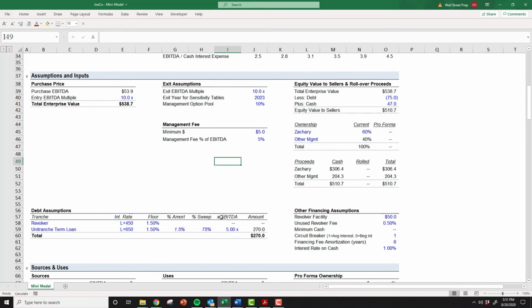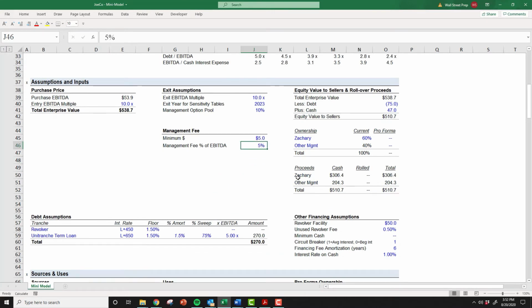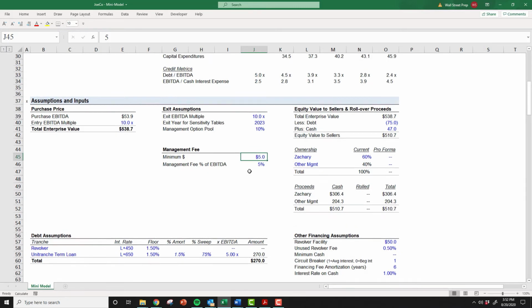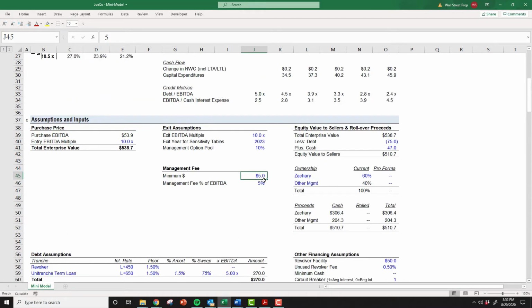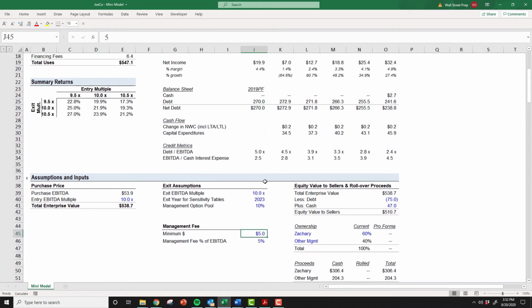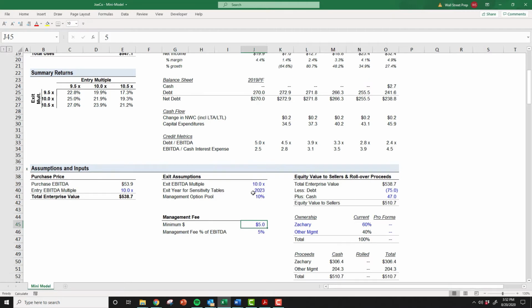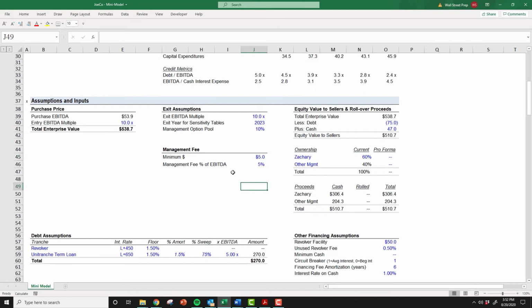And so the management fee refers to, hey, in order to run this business, we are going to extract $5 million every year from the business, and that's going to go straight into the fund's pocket, right? So this is a typical feature of taking money out of the business to fund the management of that business. This is something that is controversial, but is nonetheless used.